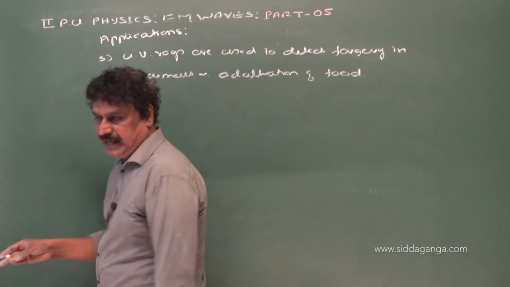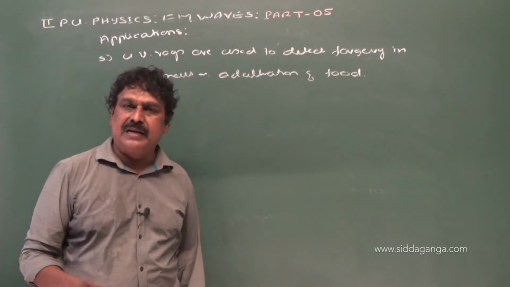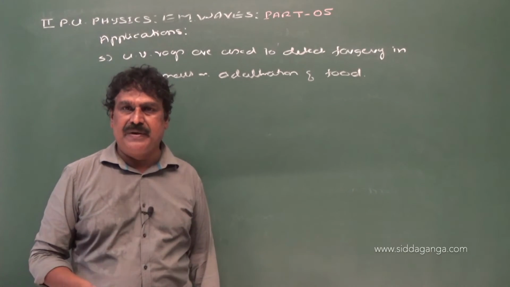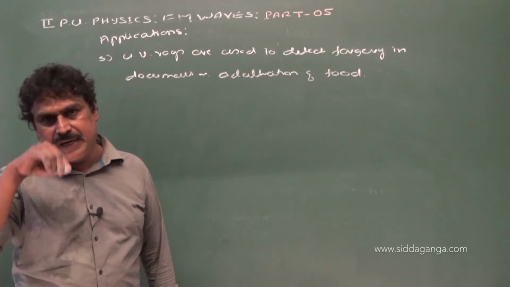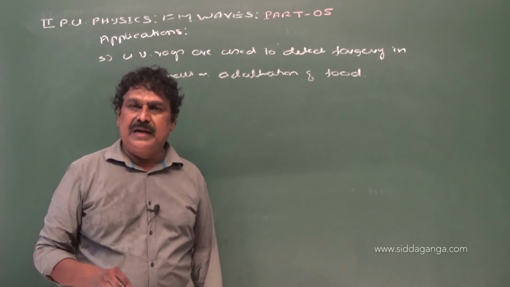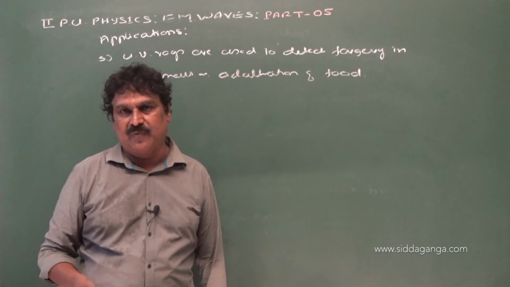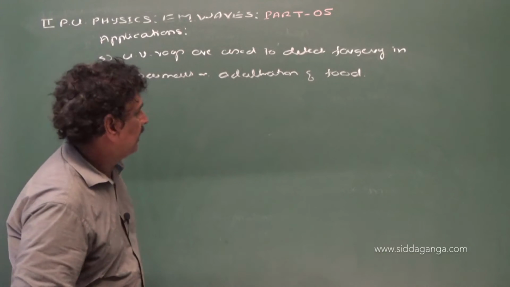So, ultraviolet radiation can detect forgeries in documents. They are generally used by the forensic department to detect whether a document is original or forged, and it also detects whether a food is in its pure form or adulterated food.